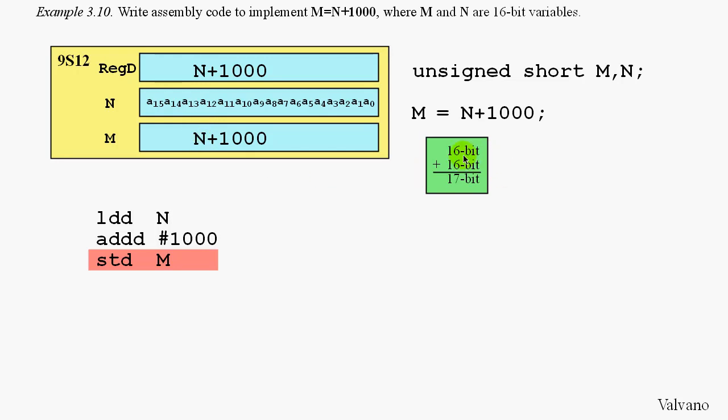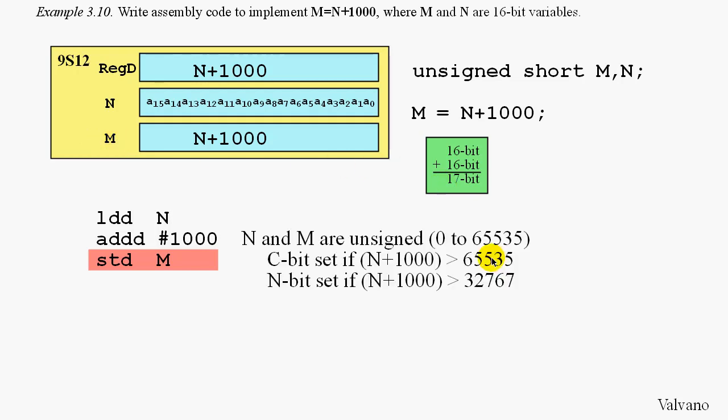However, a problem might occur because if we have a 16-bit number added to another 16-bit number, the result is a 17-bit sum, and we have stored the result back into a 16-bit variable, so an error or an overflow might have occurred. For example, if m and n were unsigned, that means they exist from 0 to 65,535, and the carry bit will be set after the add instruction if the result is wrong, or in particular, if n plus 1000 is bigger than 65,535.